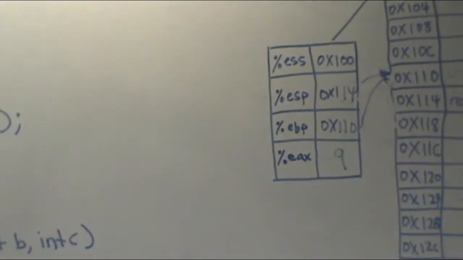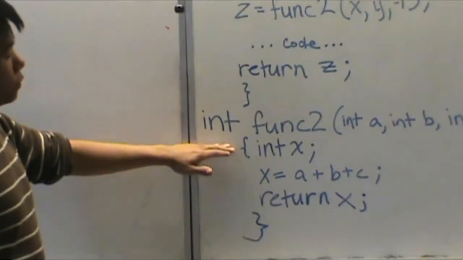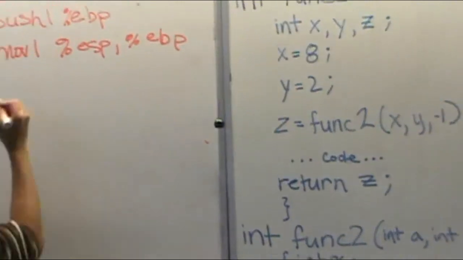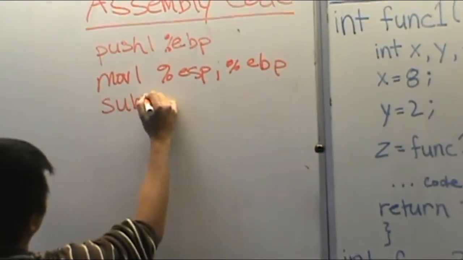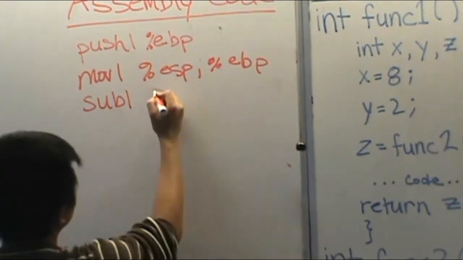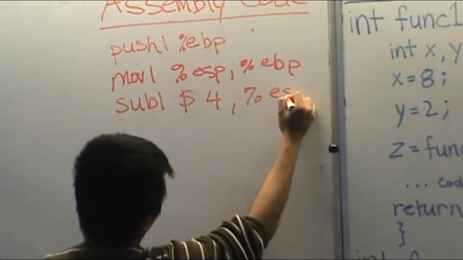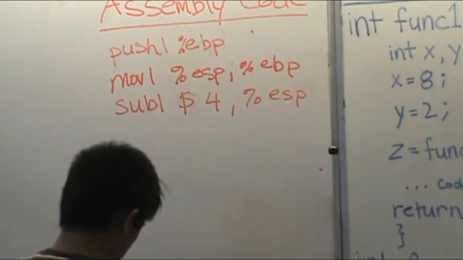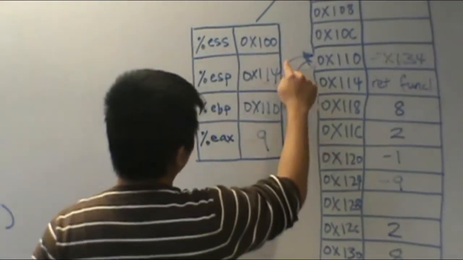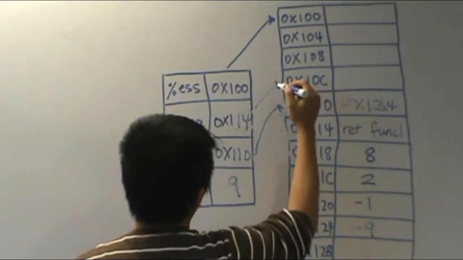Now, the next step is to declare enough space for the one variable function 2 has. So this will be subtract $4 from %ESP, which will move the ESP to 10C.